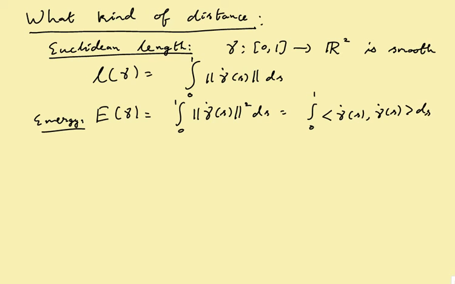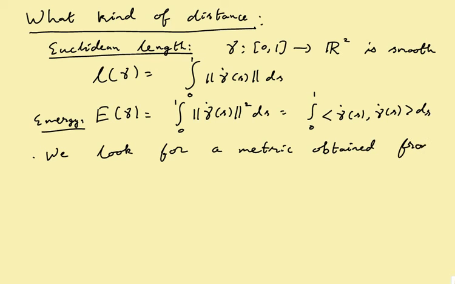So what we do is, this is the Euclidean formula. We look for a metric obtained from an inner product at each point.